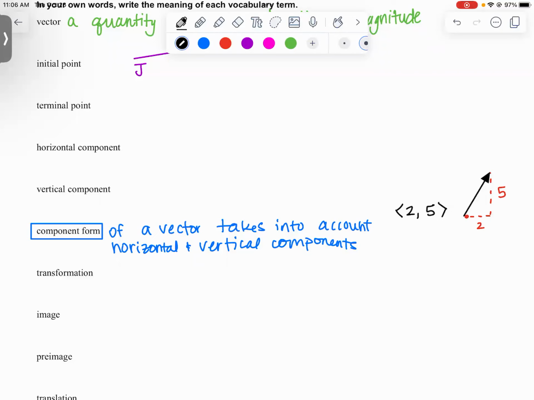Okay, so these are called chevrons, okay? They indicate we're talking about a vector instead of a coordinate, okay? If I wanted to plot a coordinate, I would go right 2 up 5 and I just plot a dot. This time we're gonna go right 2 up 5 and we're gonna draw an arrow.